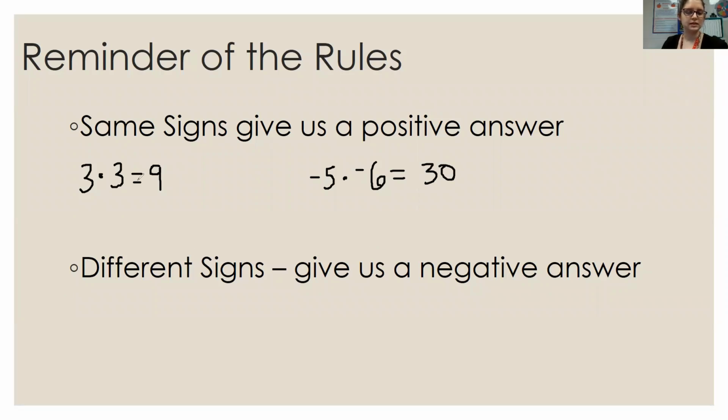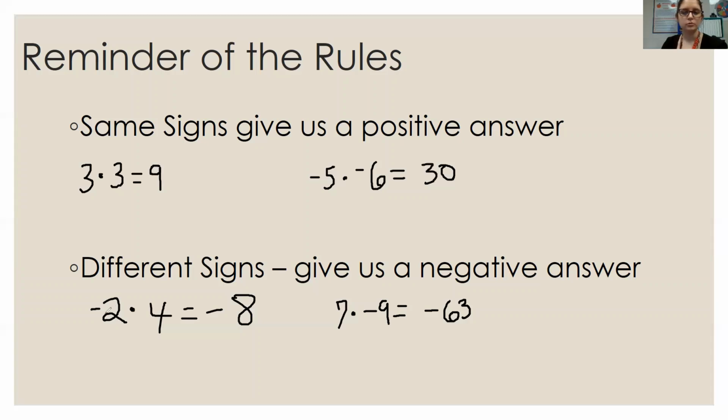Our other rule states that if the signs are different, it gives us a negative answer. So if I have -2 times +4, I would get a -8. And conversely, if I had +7 times -9, I would get a -63.